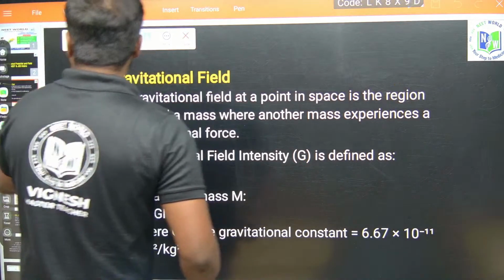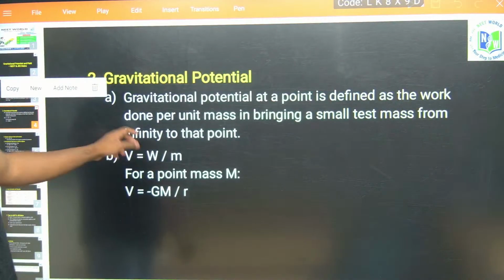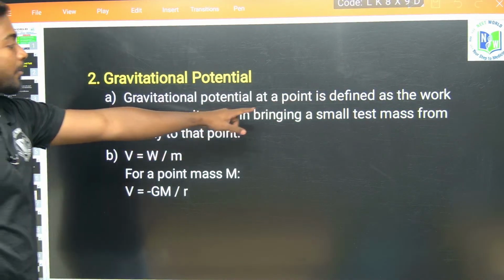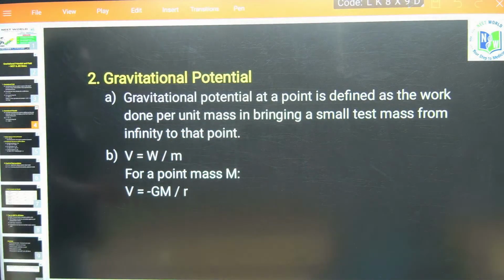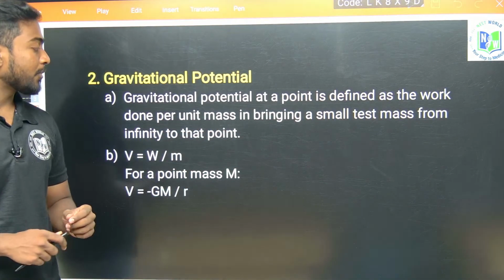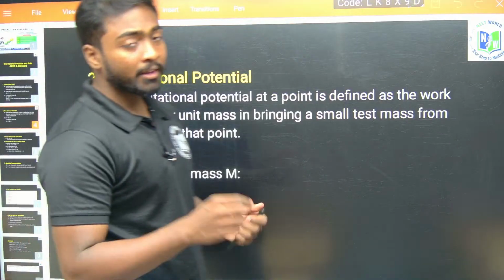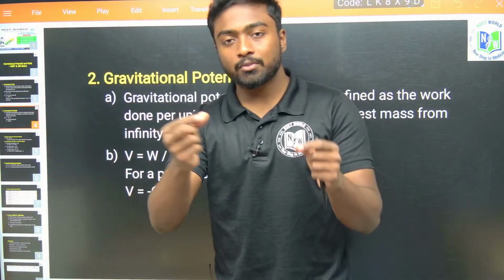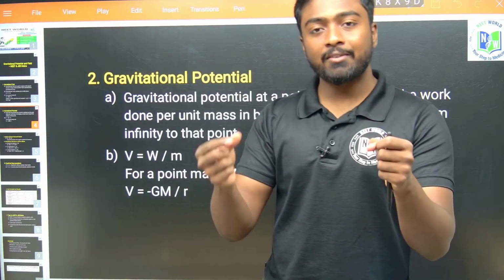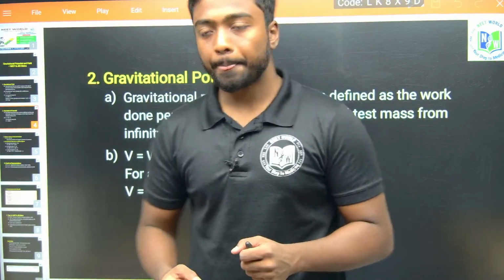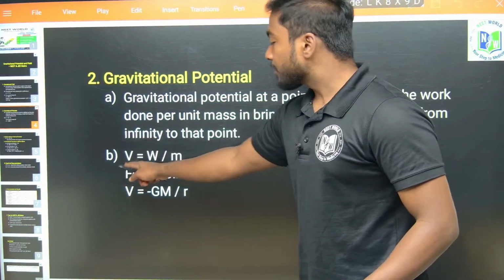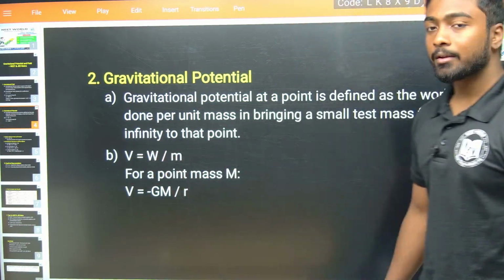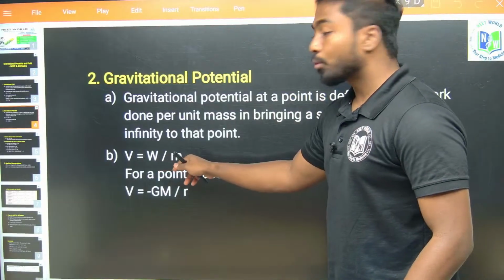So what about the potential? Gravitational potential at a point is defined as the work done per unit mass in bringing a small test mass from infinity to the point. So I am bringing a test mass to test up to which point the object has its field. It is denoted by the letter V, W by M, work done per unit mass.